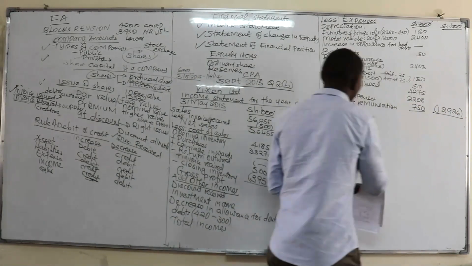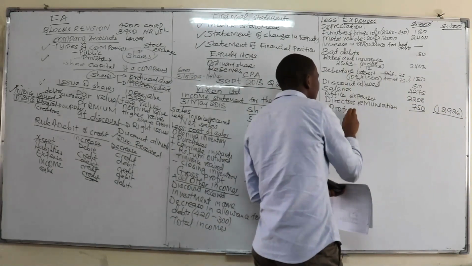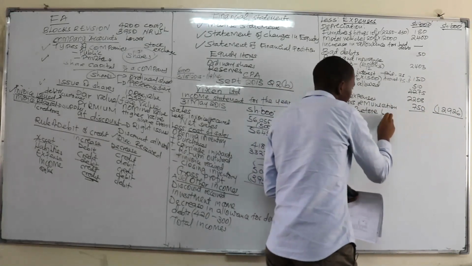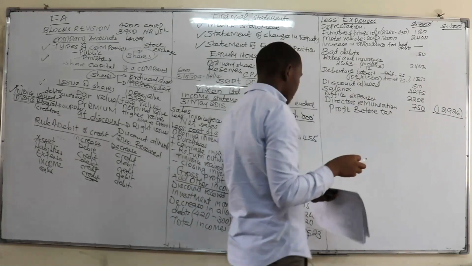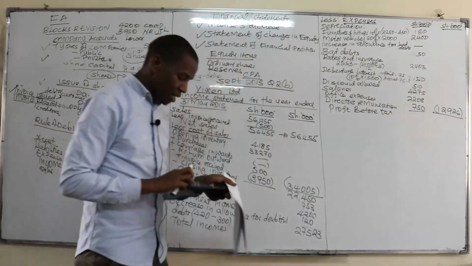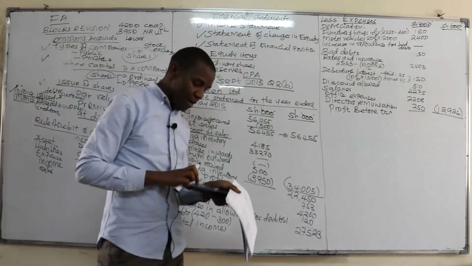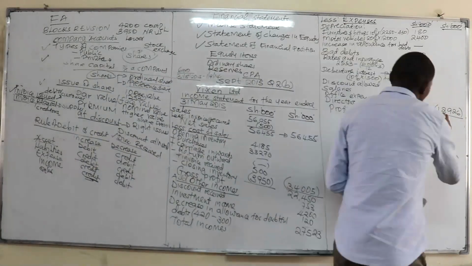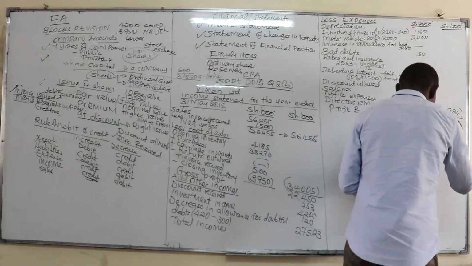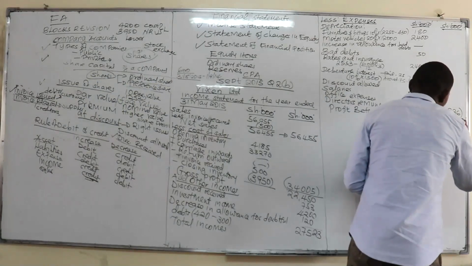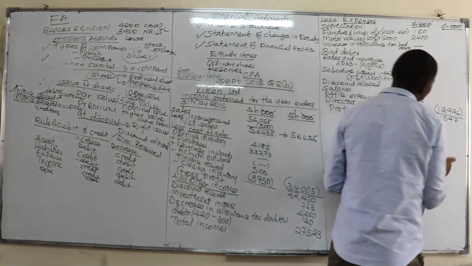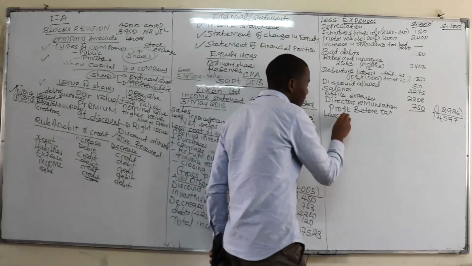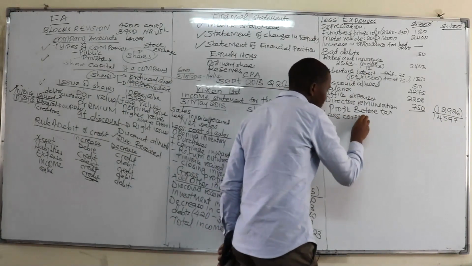So you deduct that, and what you get there is the profit before tax. What will be the profit before tax? I will take the total income, 27,523, minus the total expenses, which in this case gives us 14,597. That is 14,597.